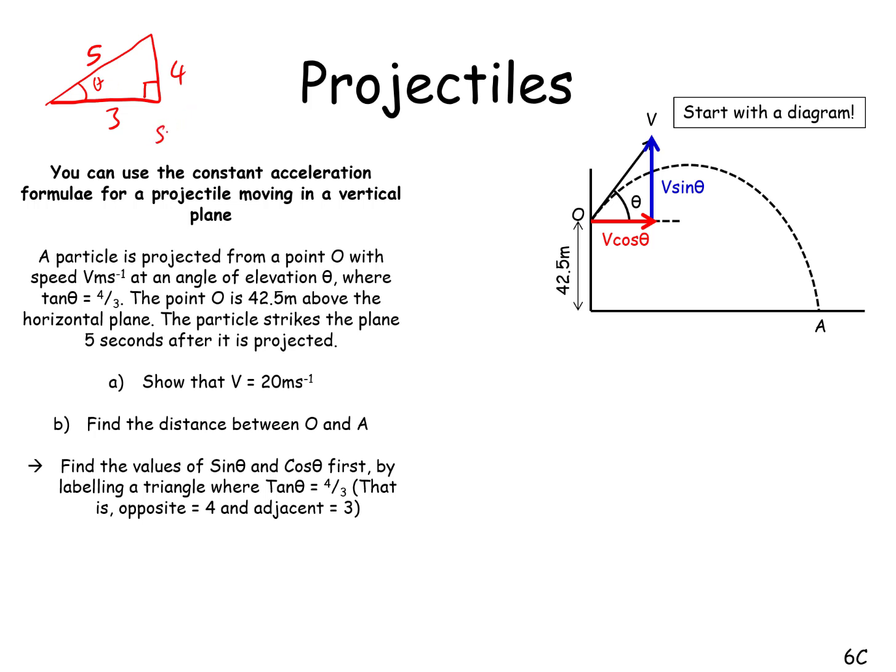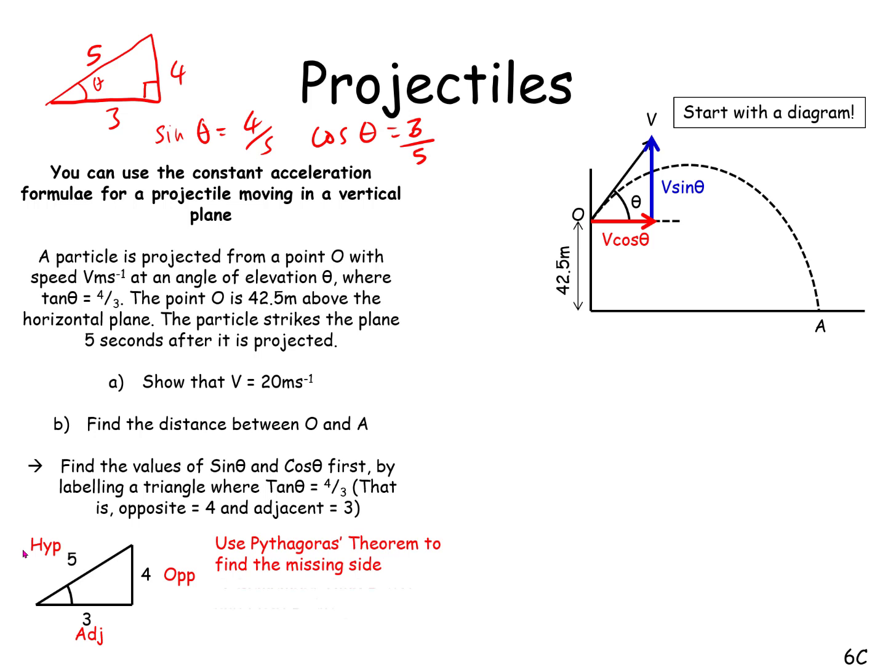So sine theta, which is opposite over hypotenuse, is going to be 4 over 5. And cos theta, which is adjacent over hypotenuse, is going to be 3 over 5. And that's just the same thing explained again, and we're writing that down.